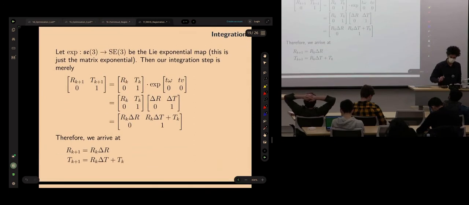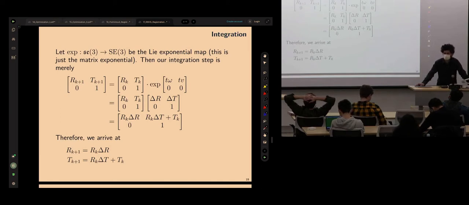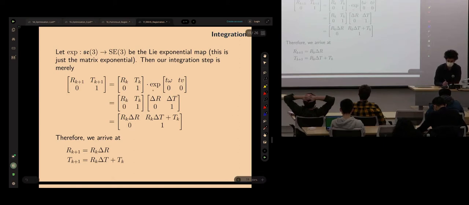So we compute the flow. Now we need to integrate. We talked about this endless times, that you never add them because it's an element of the group. Just like you did in your homework, we have to integrate. A simple integration that is in fact exact is using the exponential map.